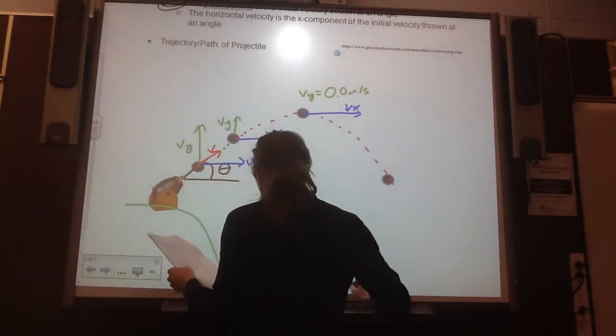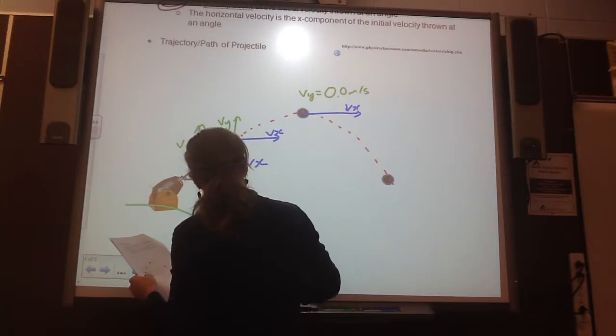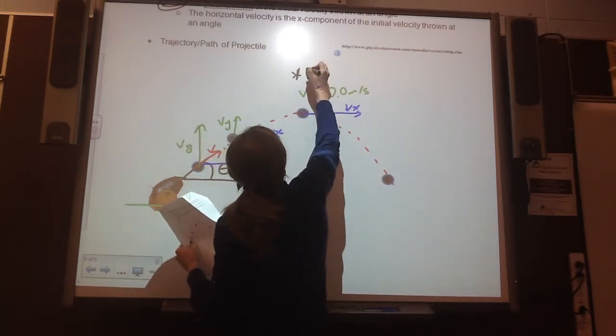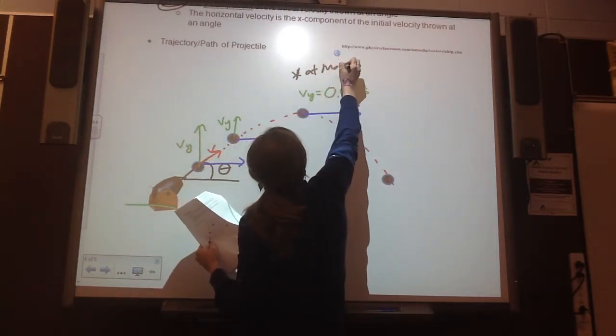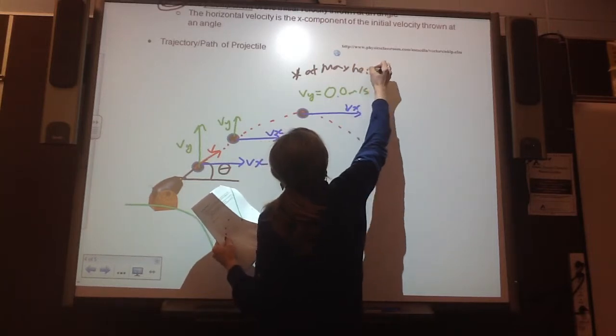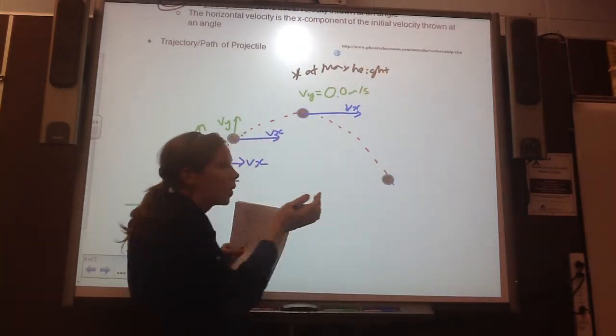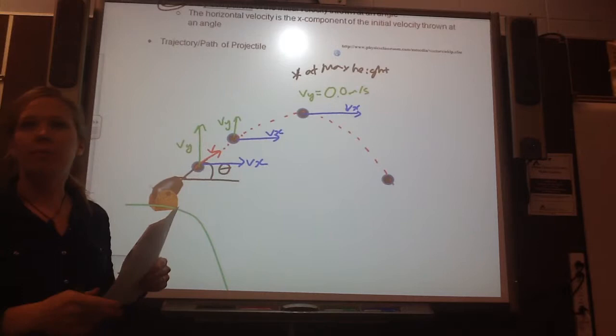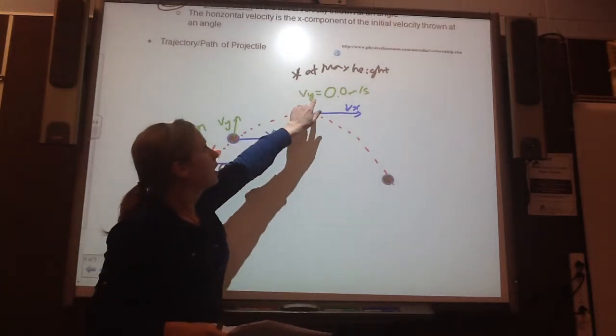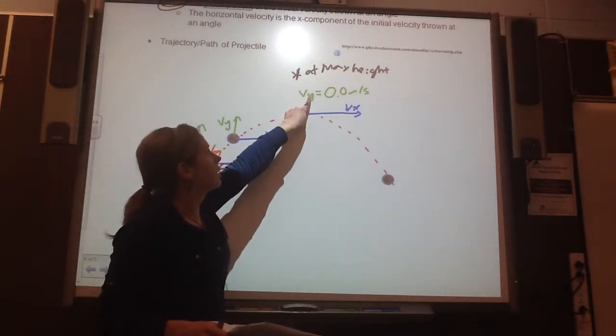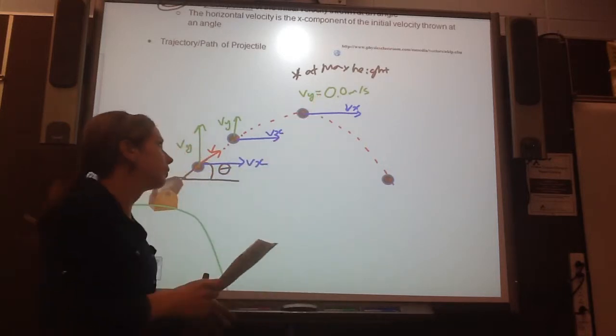Also note this spot here is at max height. So just like when we had those questions where we tossed a ball up, at the maximum height, the vertical velocity is 0.